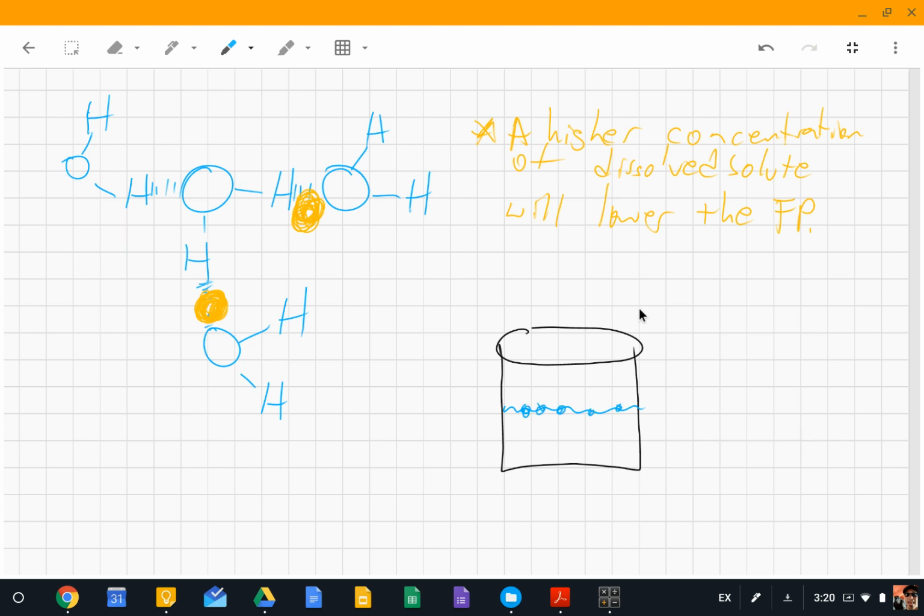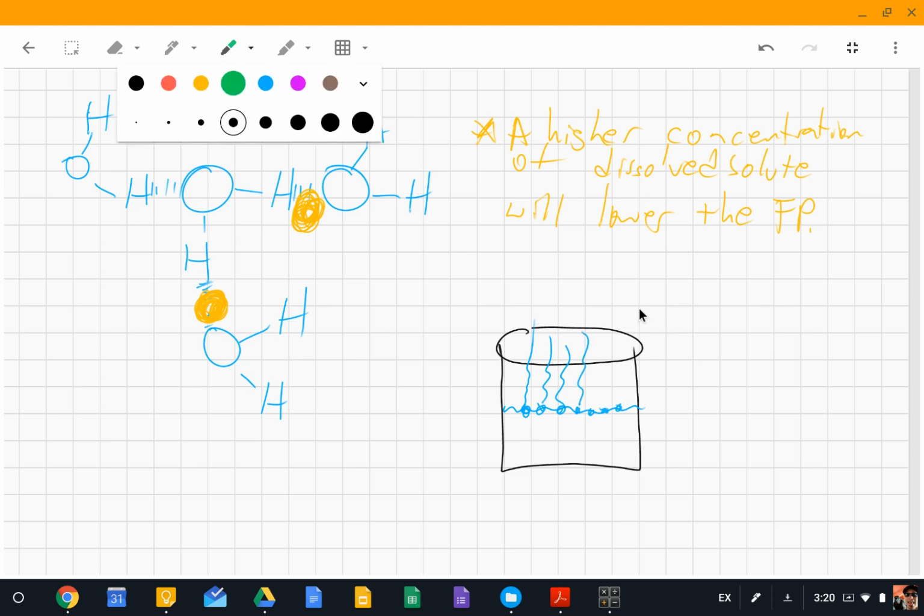And if they shake and vibrate enough so that they escape and evaporate as a gas, they can. But if you have solute particles like salt or sugar, the more particles that you dissolve in the water, that means that floating on the top of the water are the solute particles, not just water molecules.